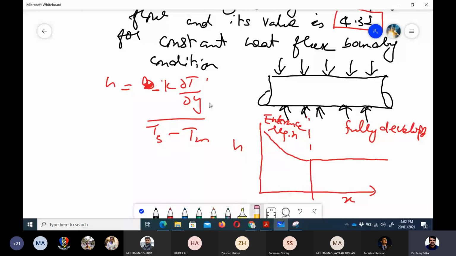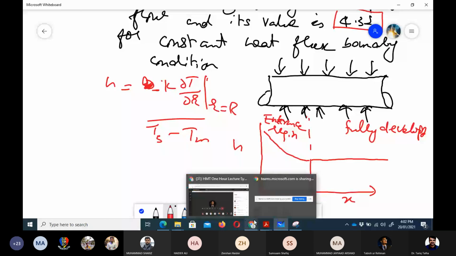So let me correct it. It should be partial r at r is equal to capital R, which is the pipe surface we are talking about. Because partial t by partial r is constant in the fully developed flow, this whole thing becomes constant. So that's why the Nusselt number is also a constant value.